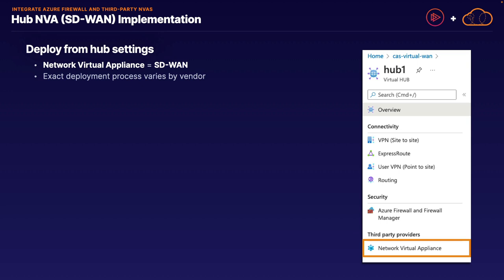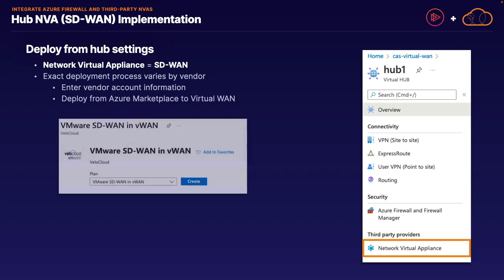Overall, what we are generally looking at is when we deploy one of these products, we need to first enter our vendor account information, such as our account info, authentication, license information, etc., from which we will then be taken to the Azure Marketplace interface, specifically the marketplace that can deploy that product directly into our virtual hub, kind of what you see there with the VMware example. One very key point I need to highlight when talking about SD-WAN products is that we are working with scale units yet again.